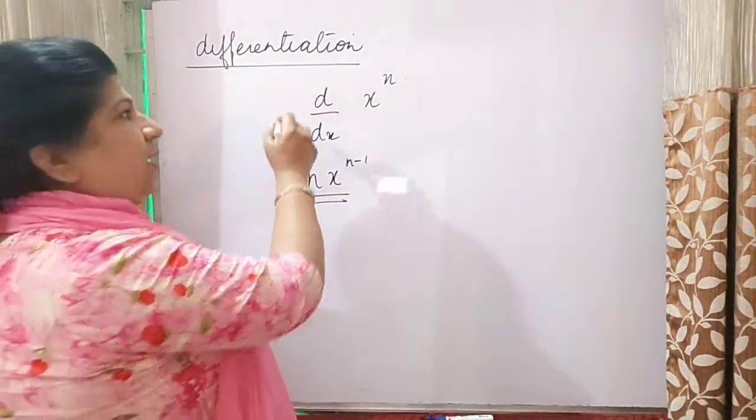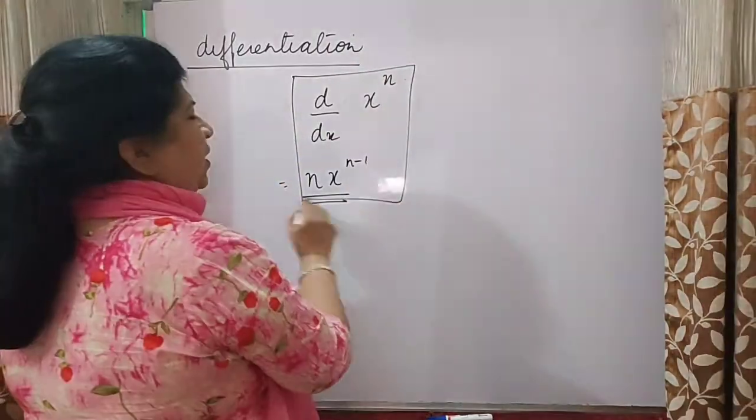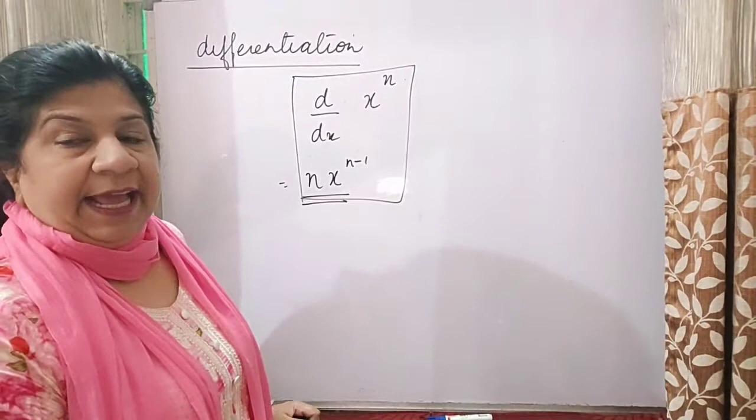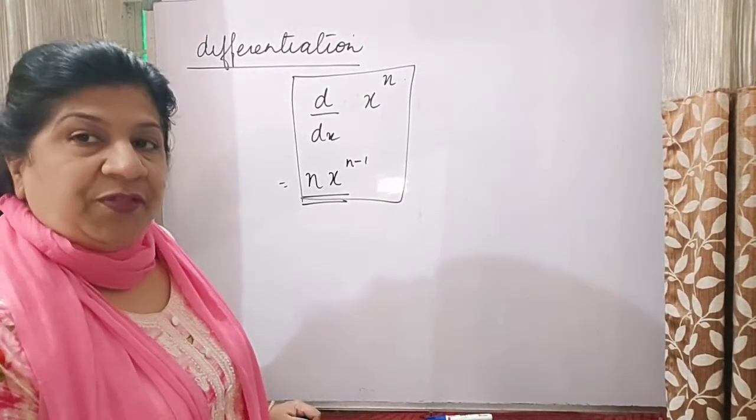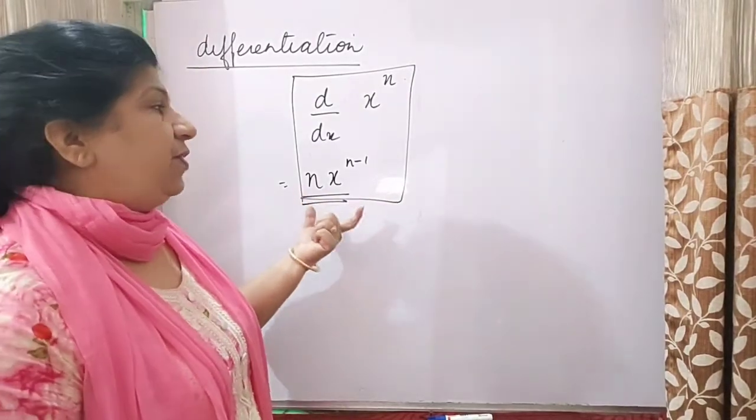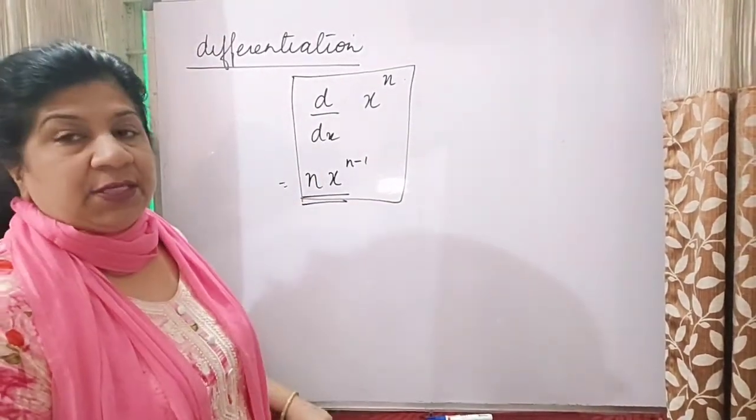So this formula should be very clear to you, that d dx, that is differentiation of x to the power of n with respect to x, will give you the general formula n x to the power n minus 1.